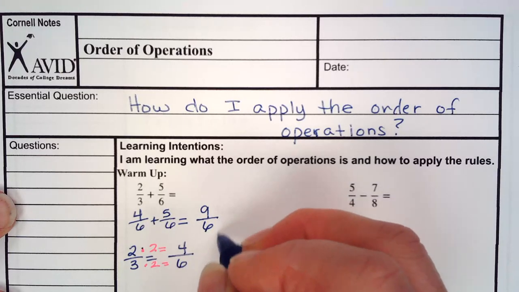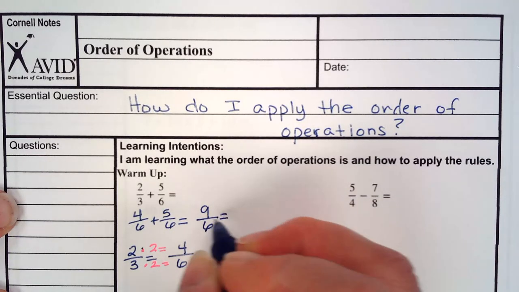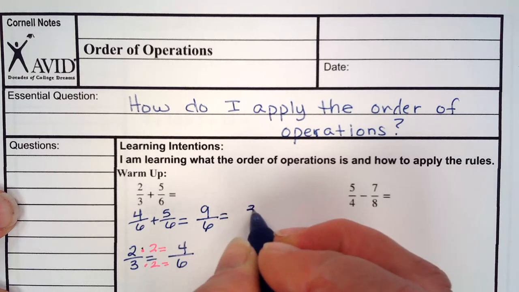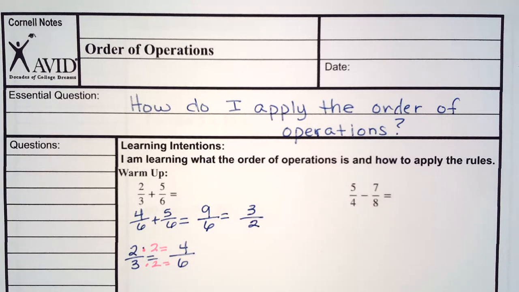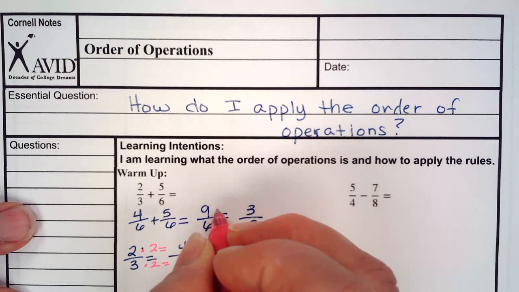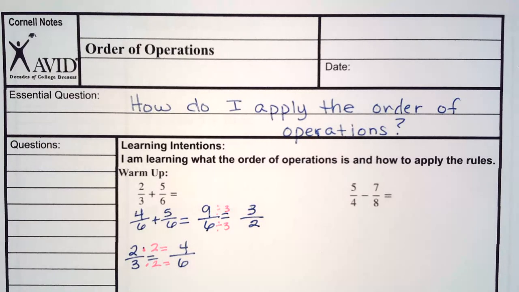Well, 9 and 6 have a factor of 3. So 9 over 6, 9 divided by 3 is 3. 6 divided by 3 is 2. Once again, we're dividing by a factor of 1, which means nothing changes.